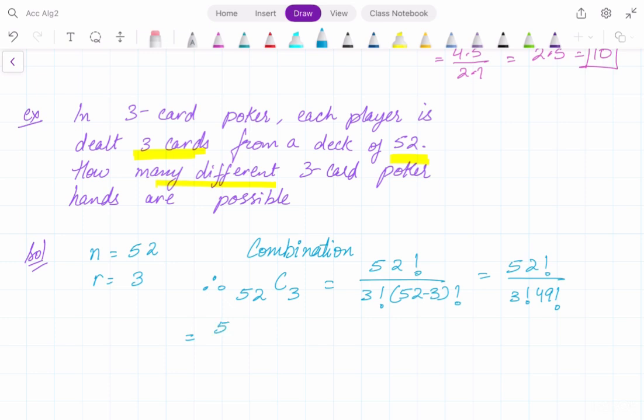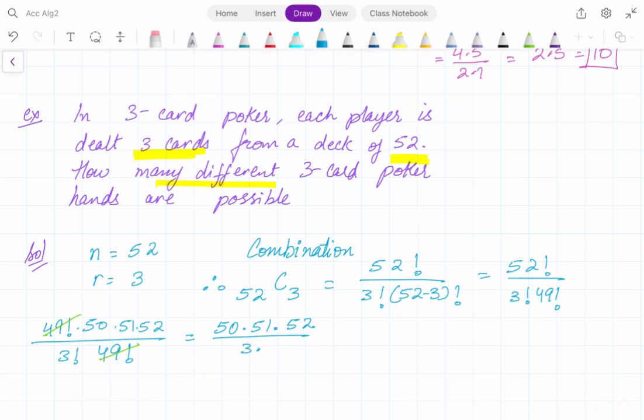So we can say 49 factorial times 50 times 51 times 52 divided by 3 factorial times 49 factorial. Now this will help us to eliminate 49 factorial. And we will be left with 50 times 51 times 52, everything divided by 3 factorial.